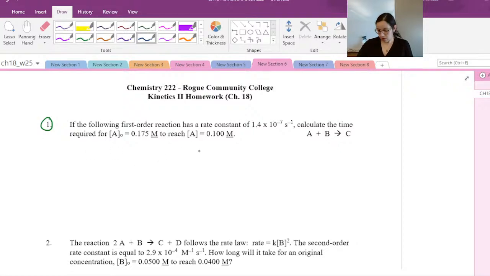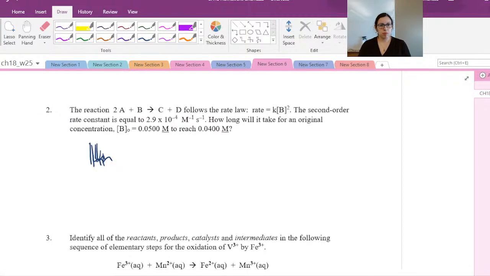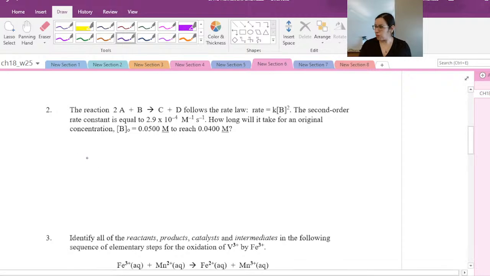Yeah, Mon, you want to go for it? Since it's a first order reaction, we start with the rate law, which is the natural log of desired A over initial A concentration equals negative kt. One more time, what was the equation?